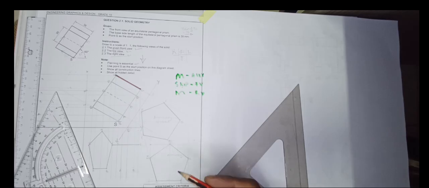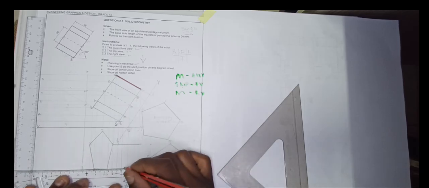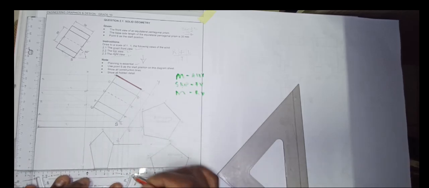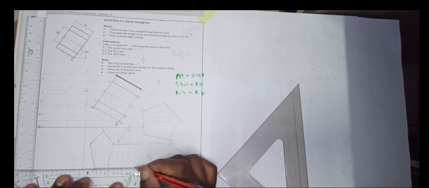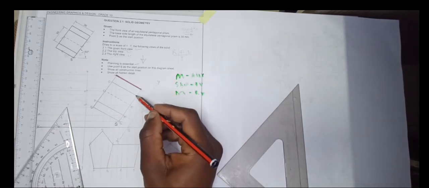Okay, what do I mean by that? Okay, we know that this will be in hidden detail line. Okay, but because it is an outer line, it needs to be in solid line. Also from B to C.